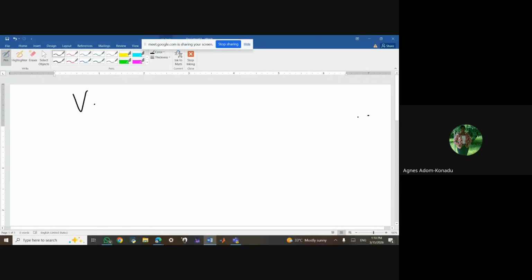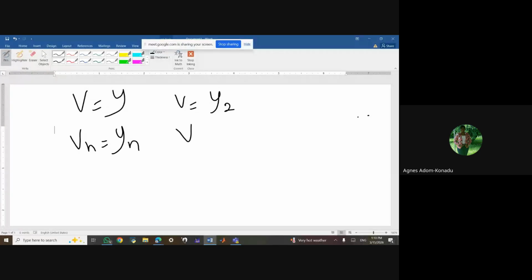We are saying that v is equal to y. Even if I say that v is equal to y, then my nth differential will be y sub n. If my v is equal to y subscript 2, then the nth differential is not the first or second differential that you know.